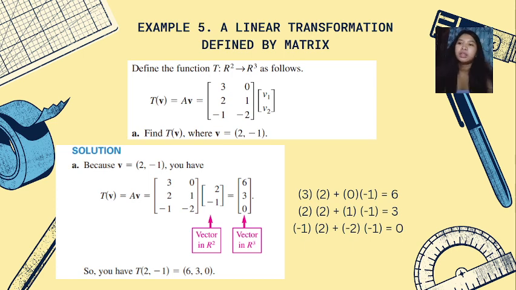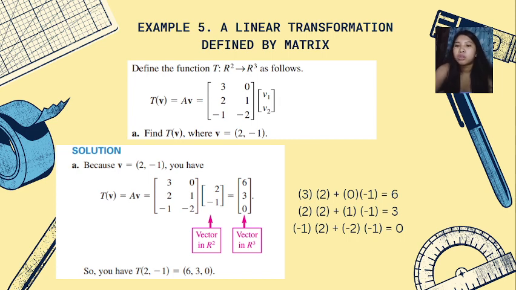So we have to multiply it pala by row by column and then add it. So just like this, 3 times 2 plus 0 times negative 1. So 3 times 2 is 6 plus 0 times negative 1 is equals to 0. So 6 plus 0 is equals to 6. And then 2 times 2 plus 1 times negative 1. So 2 times 2 is equals to 4 plus 1 times negative 1 is negative 1. So when we add 4 and negative 1, we will come up with an answer of 3.